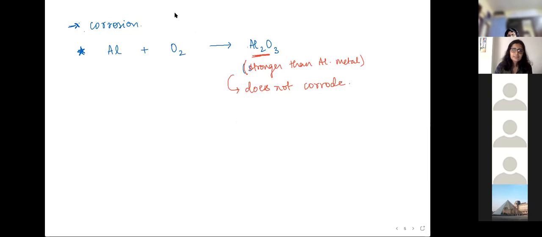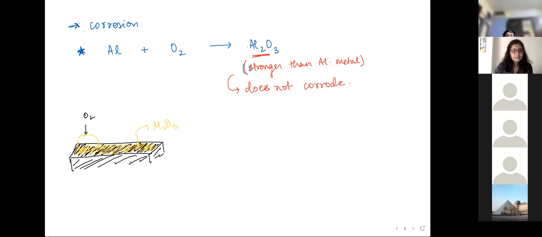So what happens is, I don't have gray color here, so imagine this is a block of aluminium. This is a metal, and the metal is exposed to oxygen. Aluminium, being one of the more reactive metals, starts reacting with oxygen. So this is all aluminium metal, right? Once it reacts with oxygen, it reacts layer by layer and forms a layer of aluminium oxide.